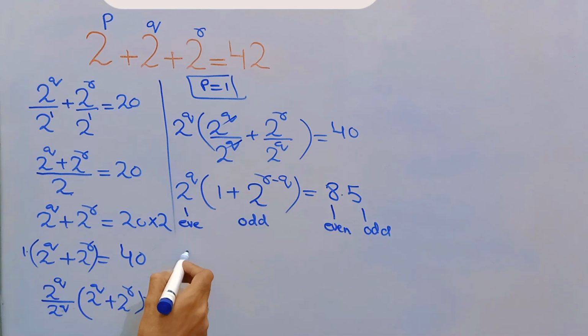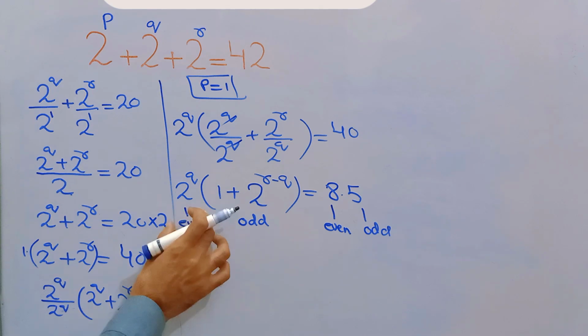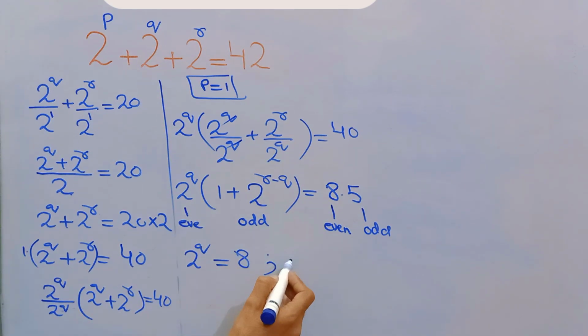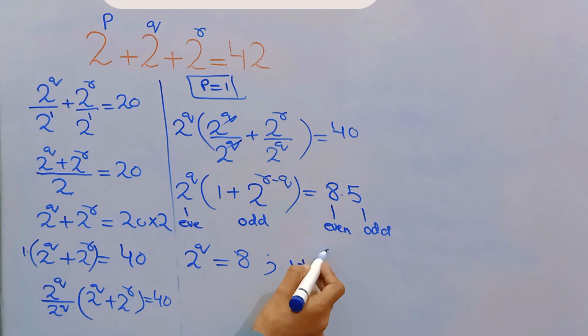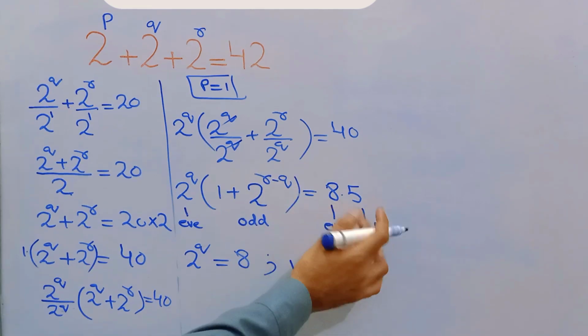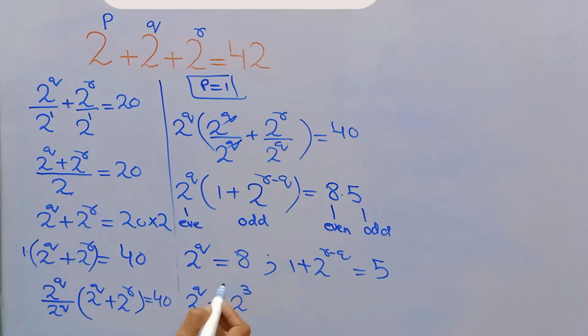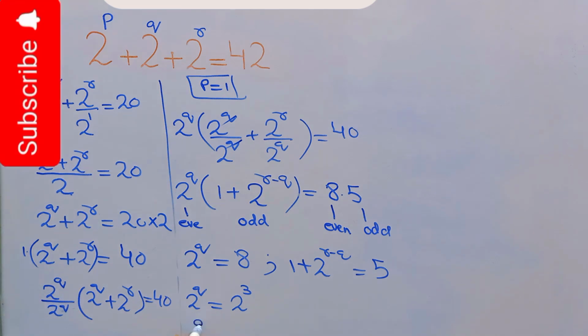It can be written as 2^q, even, is equal to even 8 and second 1 plus 2^(r minus q), odd, is equal to 5. The next 2^q is equal to 8. It can be written as 2^3. Base are same, then q is equal to 3.